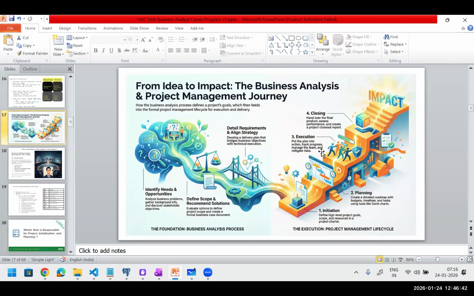This is the team that will be composed. The project is a set of activities carried out by a team: BA, developers, testers, and project manager, project manager slash Scrum Master. Today, product owner, Scrum Master.